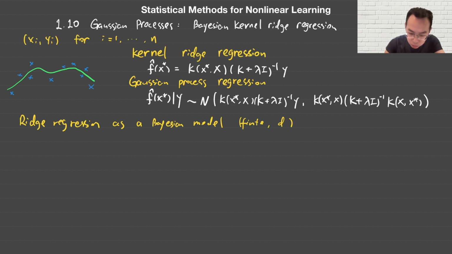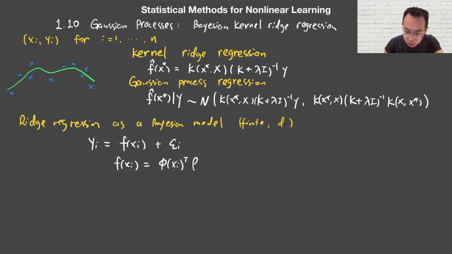This is the model we'd like to consider: y_i equals f of x_i plus epsilon_i, where f of x_i, let's write it out as a nonlinear function with a finite feature map, phi of x_i transpose beta. Here we want to put everything into a probabilistic framework.